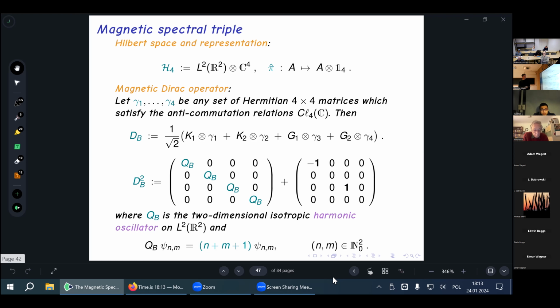And because of that, you understand that now the resolvent of this Dirac operator is compact. You understand that I cannot construct in the continuous case the same Dirac operator using just x1 and x2, the two position operators, because this Dirac operator will never have compact resolvent. But in this way, I can build a Dirac operator which has a compact resolvent.